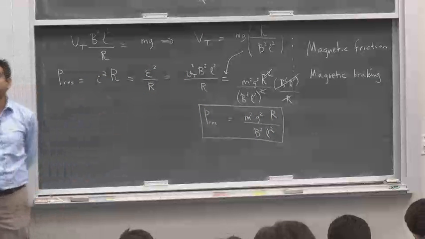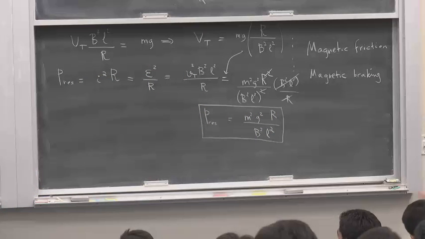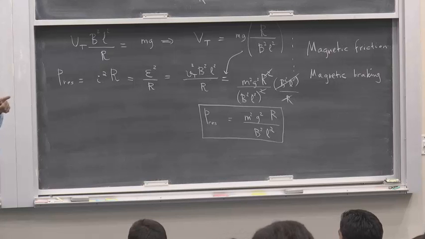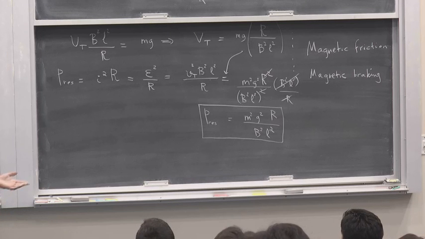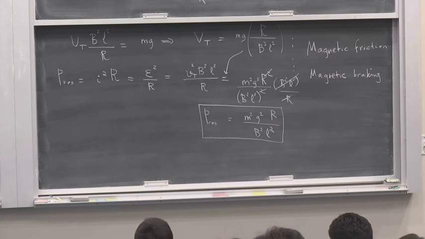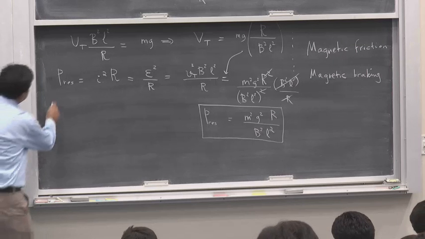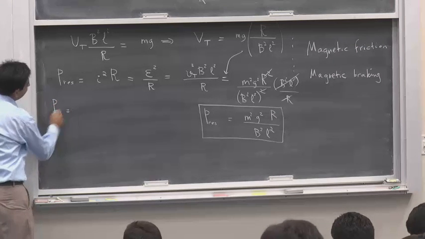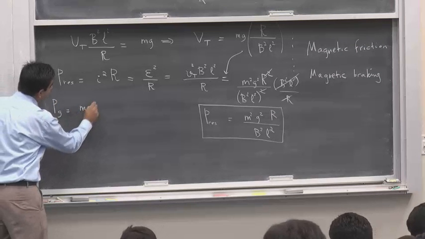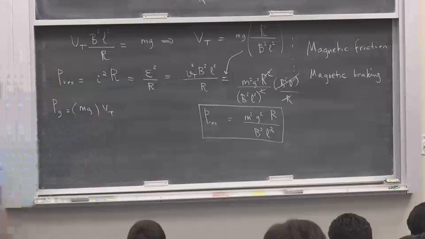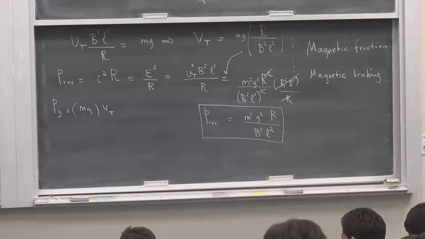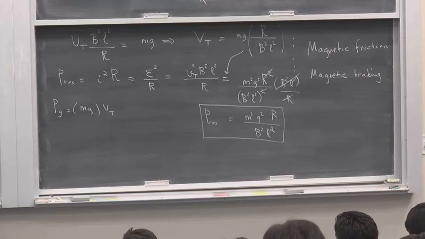Where is this power coming from? It's coming from the force of gravity, the gravitational potential energy. So let's look at the power that is delivered by gravity. It equals the force of gravity, which is mg, times the terminal velocity. The power is force dotted with the velocity.